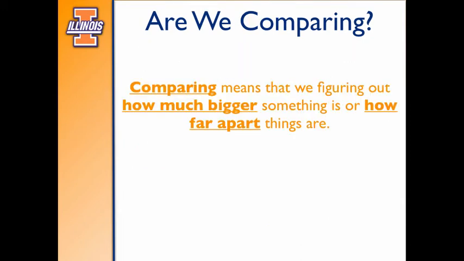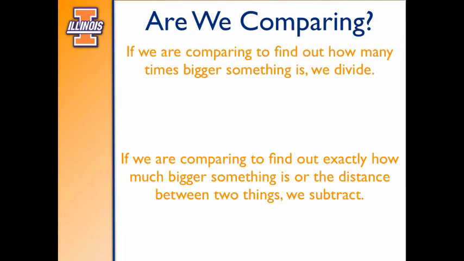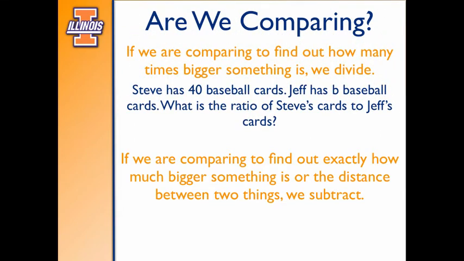And finally, we're going to talk about comparing. Comparing means we want to figure out how much bigger or smaller something is or how far apart two things are. We could compare in two different ways. If we want to know how many times bigger something is, then we have to divide. For example, Steve has 40 baseball cards. Jeff has B baseball cards.